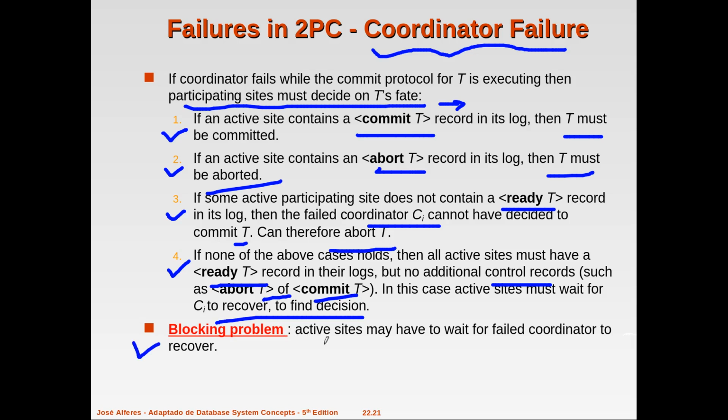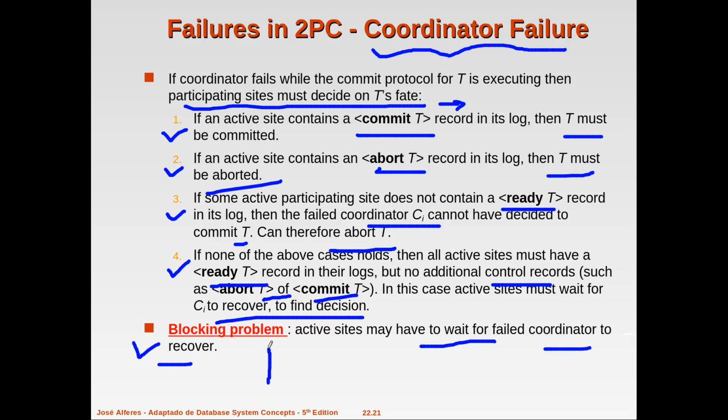That is the different active sites. So in the fourth stage, the different sites are active and they need to wait for a long time for the failed coordinator to recover. We don't know when this coordinator will be recovered, but all the sites with ready-T messages are waiting for a long time until the coordinator gets recovered.